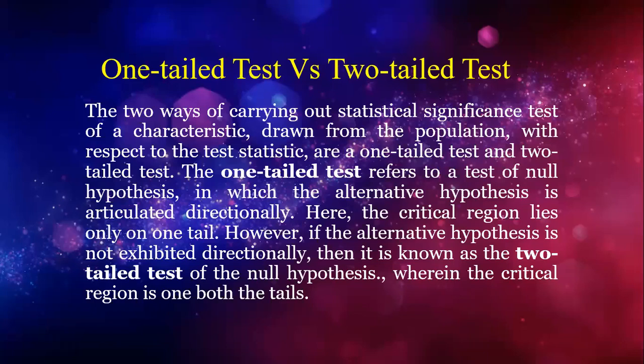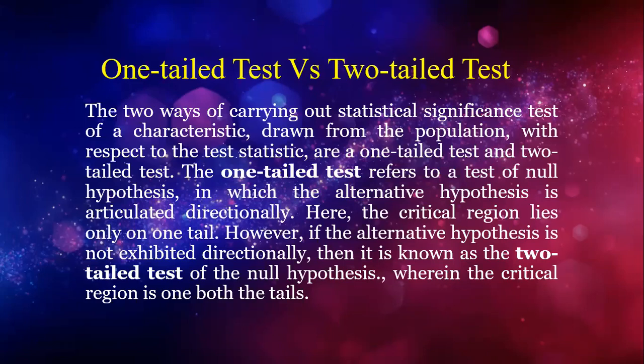In research, it is okay to accept a type 2 error, but it is very dangerous to accept a type 1 error. Therefore, we always try to reduce our type 1 error. The significance level is the probability of committing a type 1 error, the chances of doing a type 1 error, and we have to keep that always low.